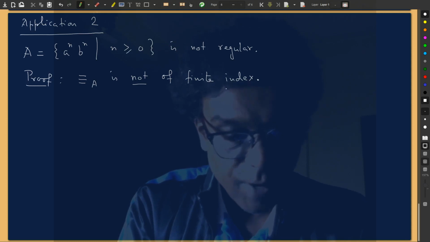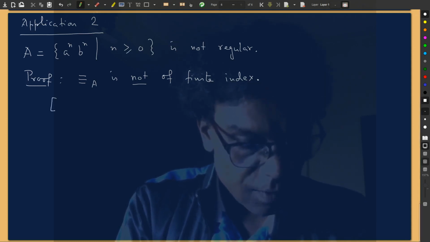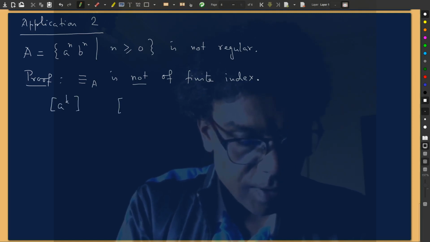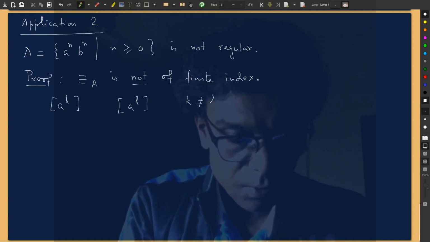Why is this not of finite index? So consider the equivalence class of a power k and the equivalence class of a power l. Okay, k not equal to l.